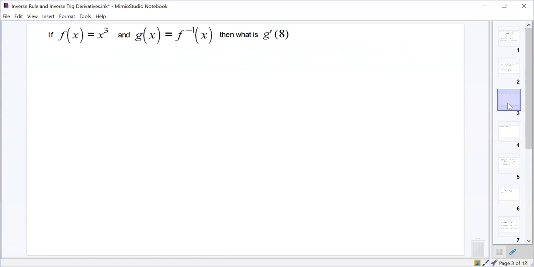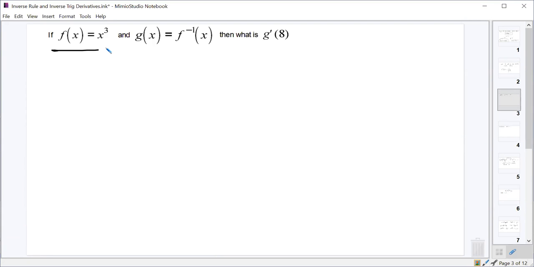Here is f of x equals x cubed, and g of x is the inverse of f. But we want to know g prime of 8. One thing we could do, because this is a pretty straightforward function, is actually find the inverse of f, which would be g of x, and then take its derivative and evaluate it at 8.